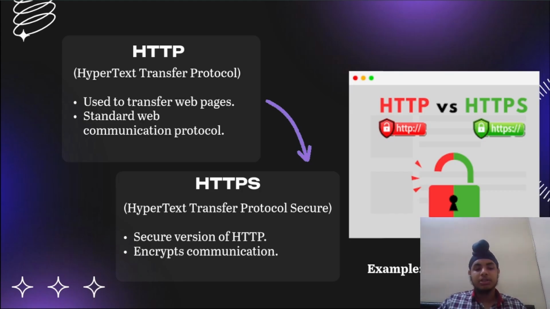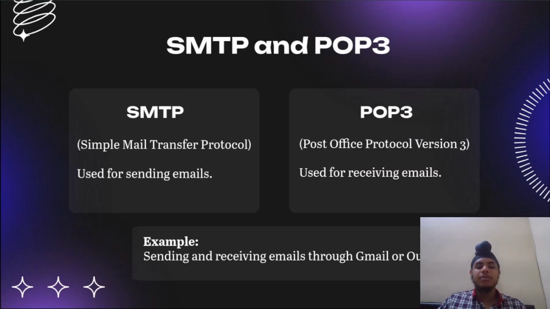Next comes SMTP and POP3. SMTP is Simple Mail Transfer Protocol. POP3 is Post Office Protocol version 3. SMTP is used for sending emails and POP3 is used for receiving emails.